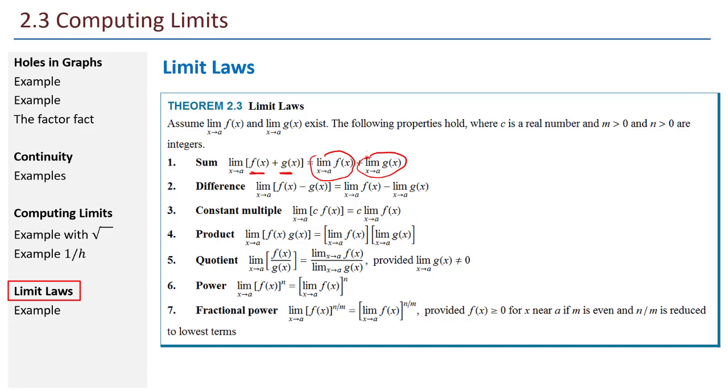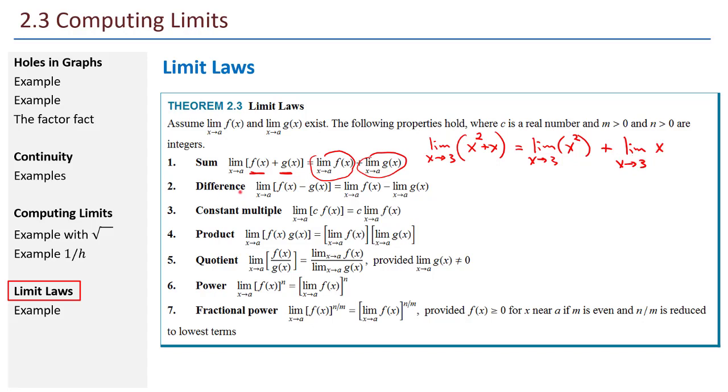Like this sum law, an example might look like this. The limit as x approaches 3 of the function x squared plus x can be broken down into two simpler limit problems: the limit as x approaches 3 of x squared plus the limit as x approaches 3 of x.